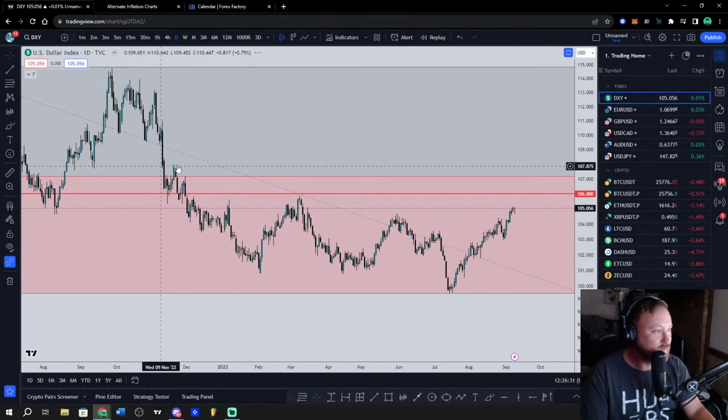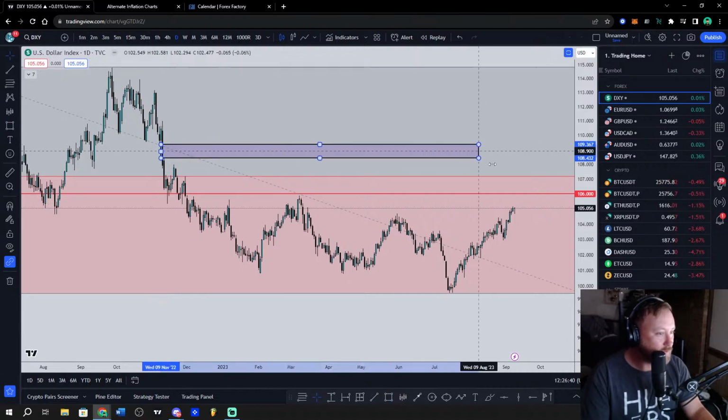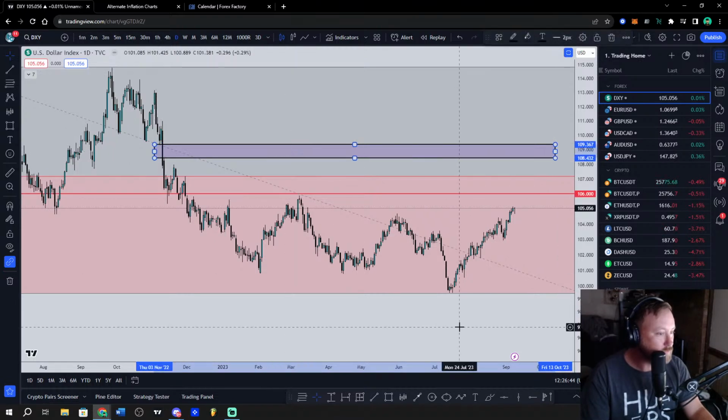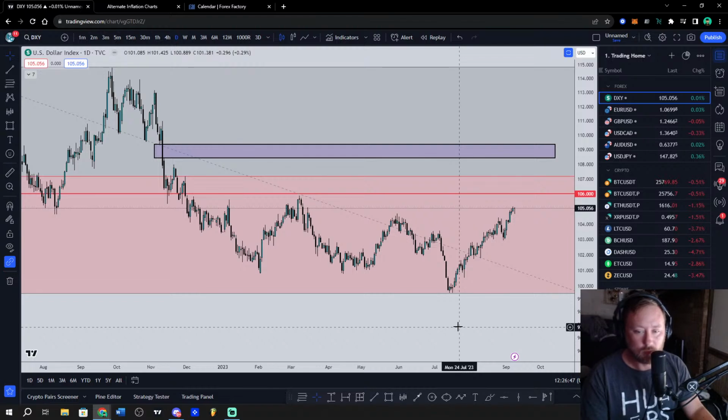This is the daily. We've got an imbalance, a fair value gap here. A SIBI. We got a SIBI.